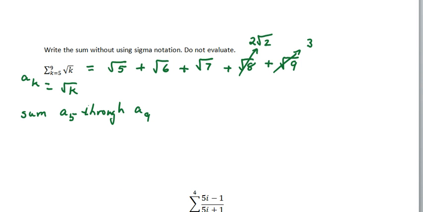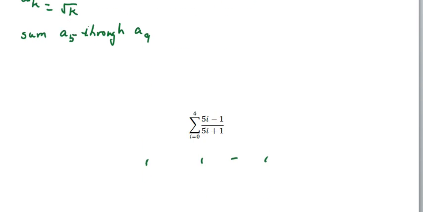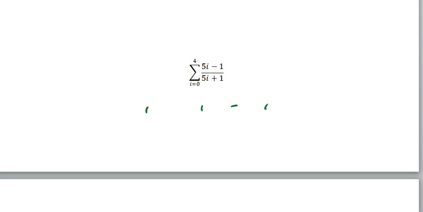In the next case, they've used i as the index. This is a little confusing because it doesn't mean that we're dealing with complex numbers. It just means that the index is i.